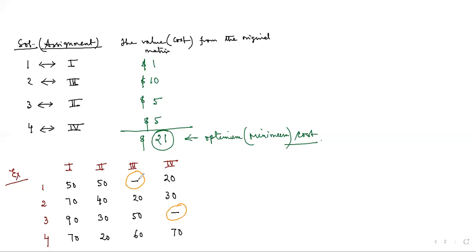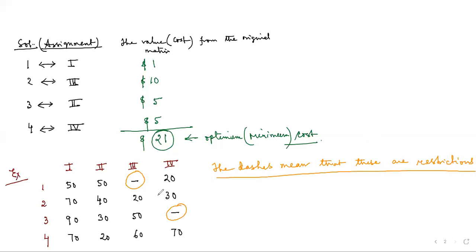These dashes mean these are restrictions. What do you mean by that?